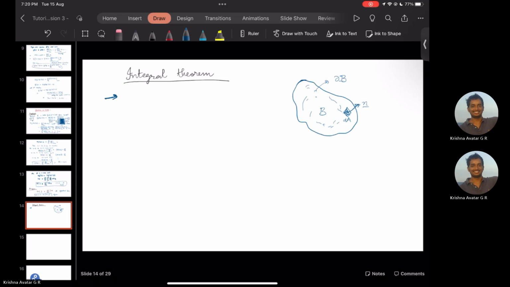I'm taking a digression here. If it's a 1D line, what are the boundaries? The boundaries are the endpoints. If it is a 2D object, the boundary is the curve which encloses the area within. If it is a 3D body, let's take a simple cube. The boundary consists of all the 6 faces.